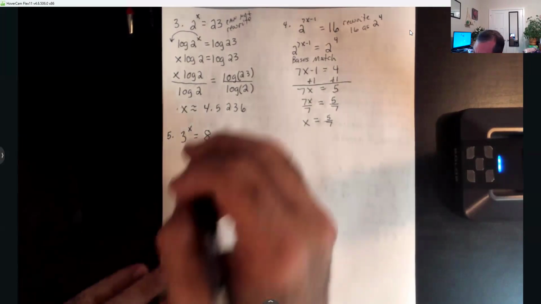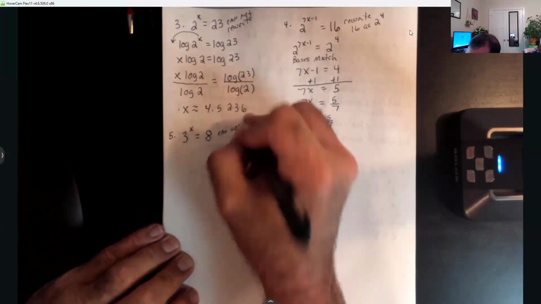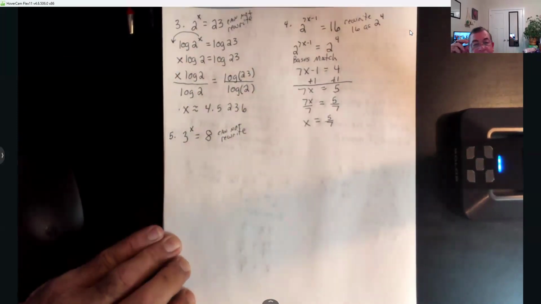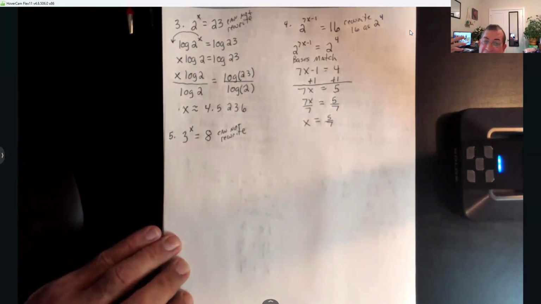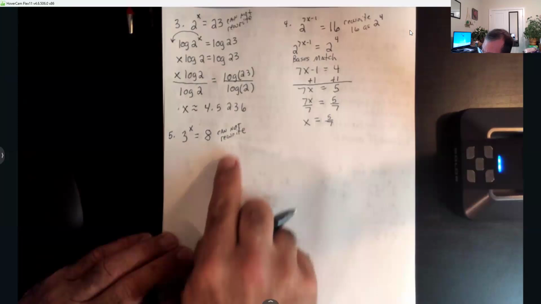All right, good job. That is definitely a no. Cannot rewrite. If you start with a base of 3, 3 times 3 is already 9. So that's already too big, okay? So we cannot rewrite.